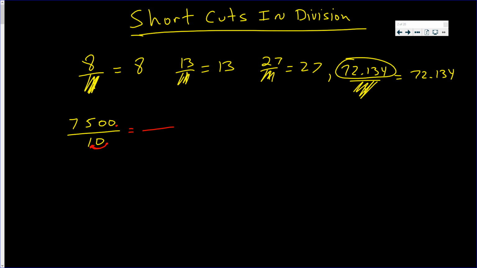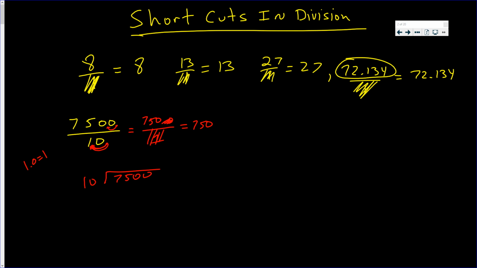Because now I'm dividing by 1. 1.0 is 1. Oh, you mean if I move this decimal, well, I'll have to move that decimal, and I get 750.0, which is just 750. And the rule for dividing by 1 is don't bother. Okay, you didn't have to do long division.